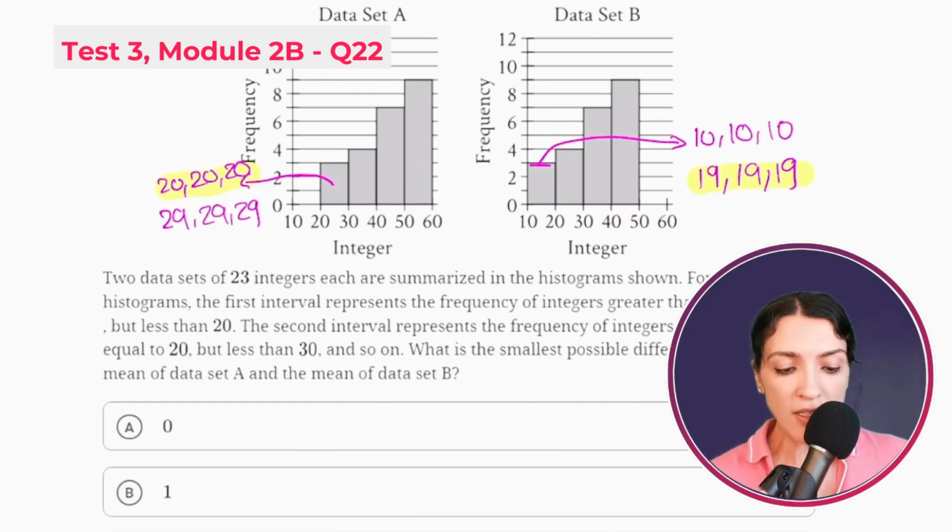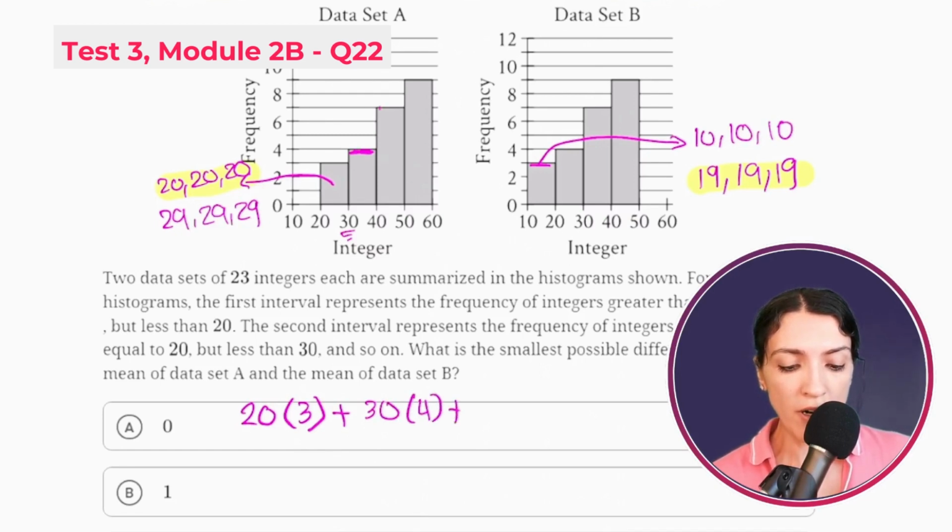So for data set A, we're going to take the minimum possible value for each bar and find the mean. So for the first bar, we have 20 times 3. And then for the second bar, we'll have 30, and because the height is 4, we'll have 4 data points.